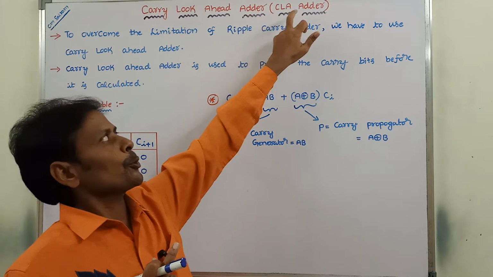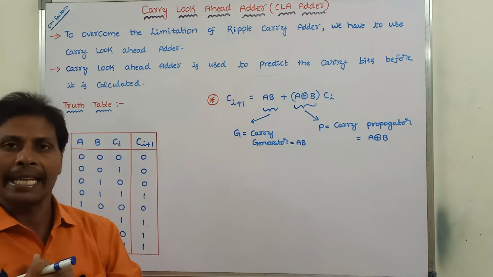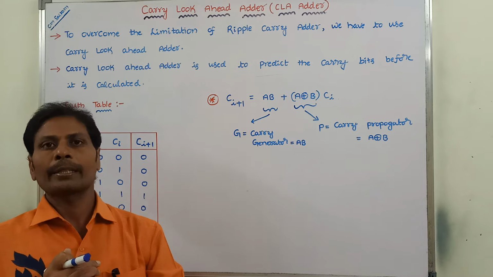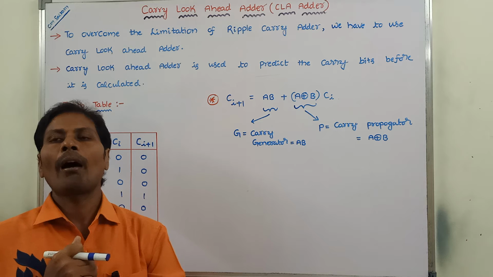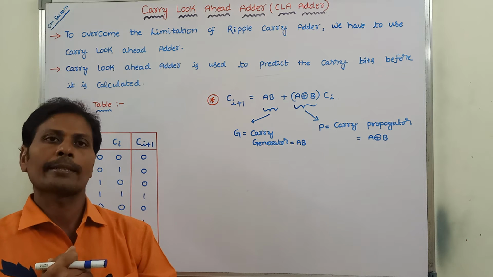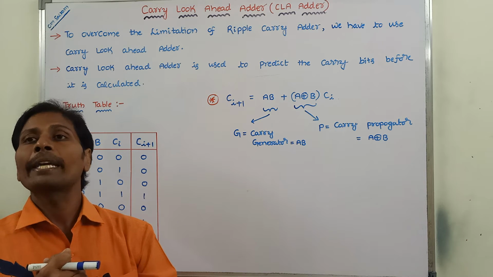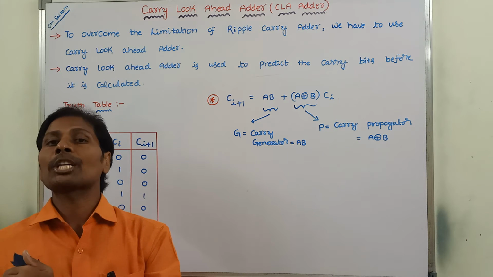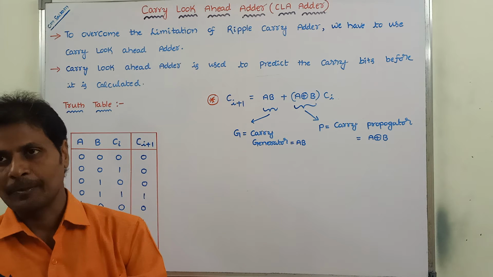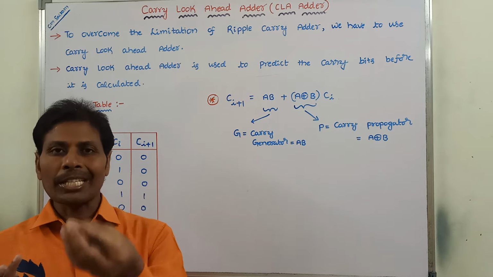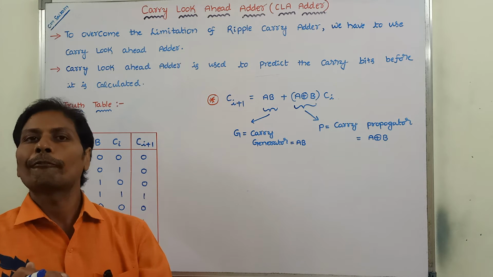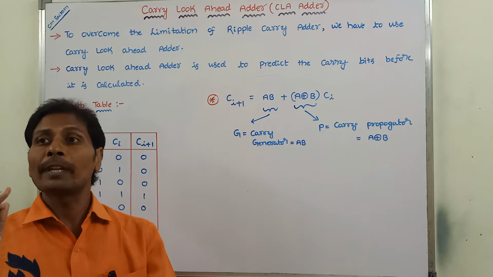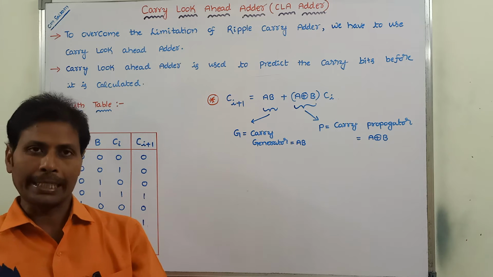It can also be called a CLA adder. In the carry look ahead adder, we perform the addition process very fast by predicting the carry bits without actually calculating them. Because of that prediction, we can perform the addition operation very fast without propagation delay.